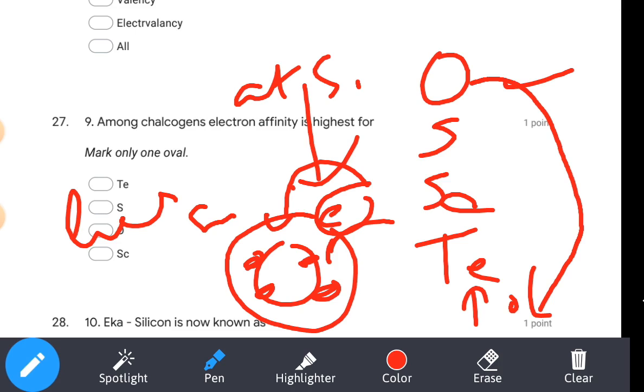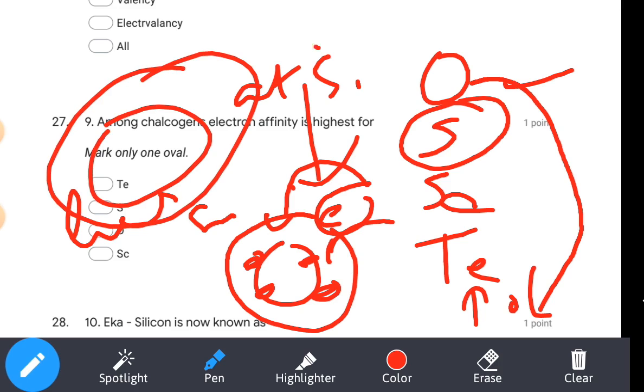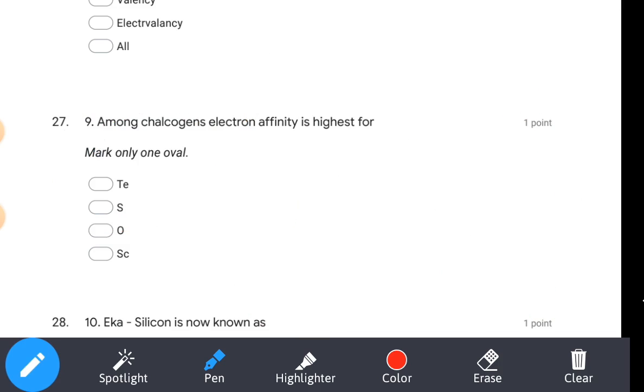Understood? So sulfur will have the highest. Why? Because sulfur has more space, so it can accommodate one more electron. Oxygen does not have space since its size is less. So oxygen comes last and sulfur has the highest position, so sulfur is our answer.